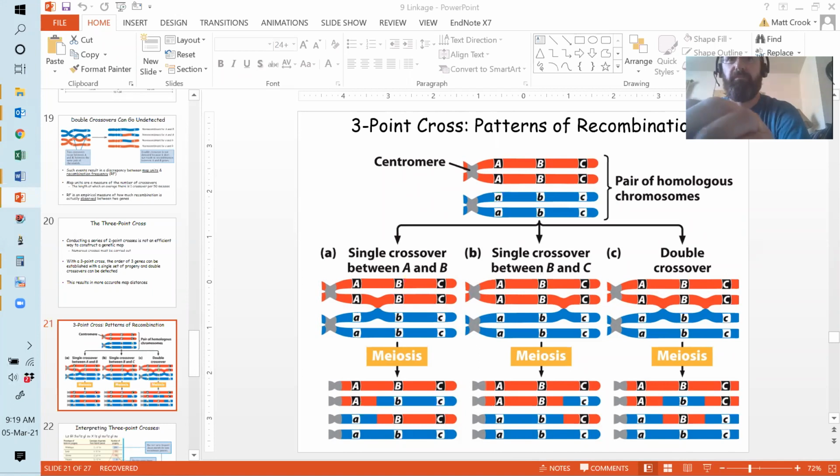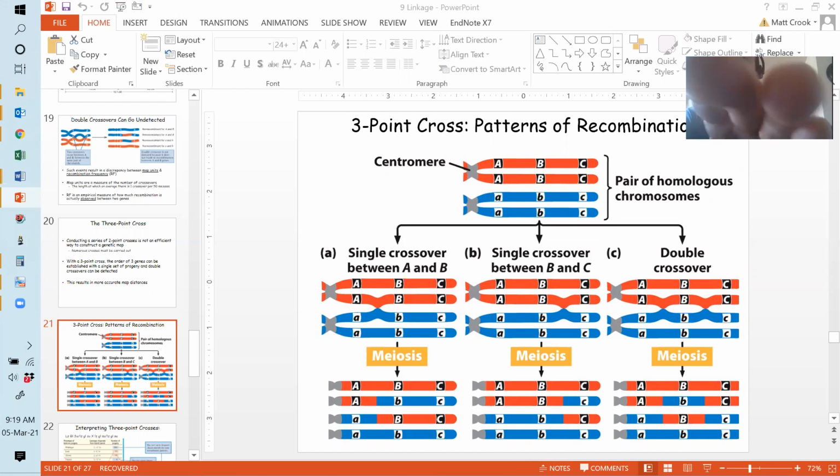I'm not shouting, honest. You can't assume that the gene order you're given is the correct one. You have to work it out from the double recombinants. Okay, easy, right?